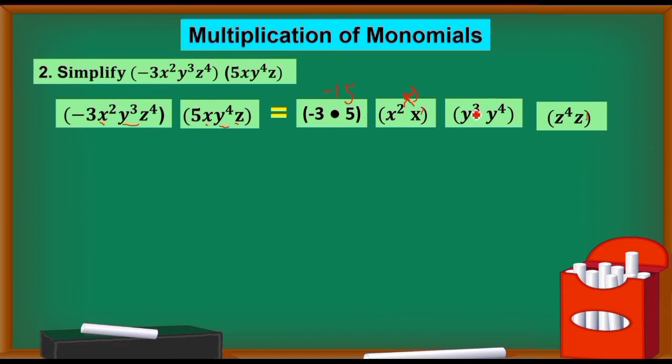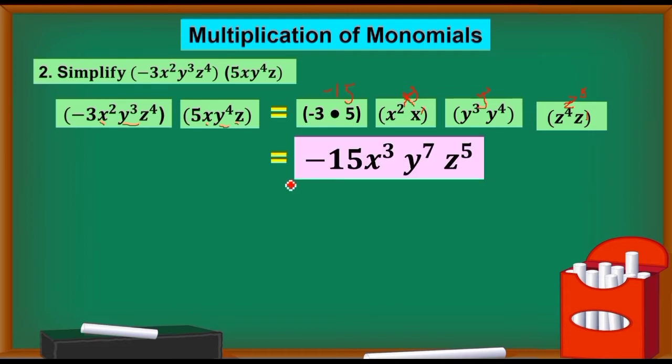And next one is, since parehas po ang base na y, i-add lang po natin, 3 plus 4 is 7, and ang z po natin ay equal kay 5, kasi naging 4 plus 1. So, pagsasama-samahin natin, at ang magiging sagot natin ay negative 15x cubed y raised to 7 z raised to 5. Pagpasensyahan nyo, mukhang hindi na y raised to 7 yun.